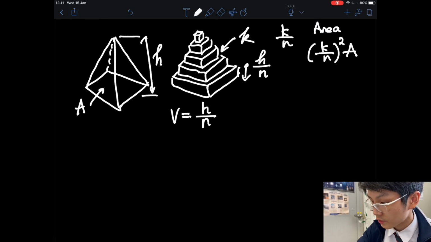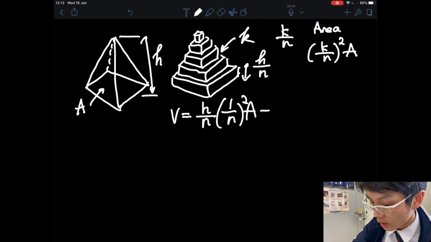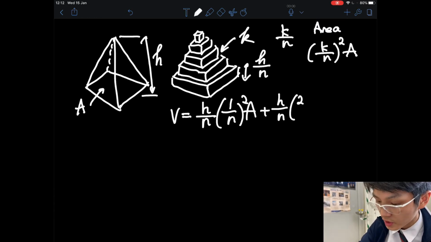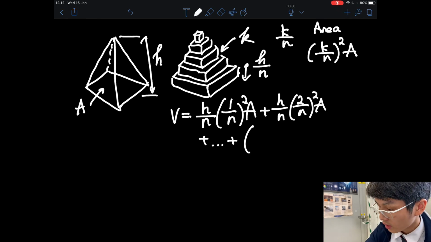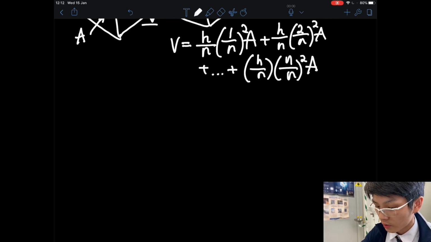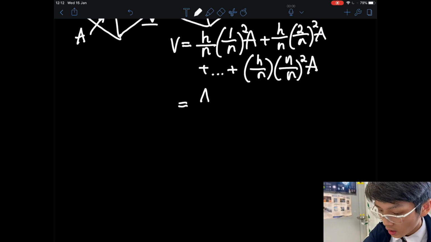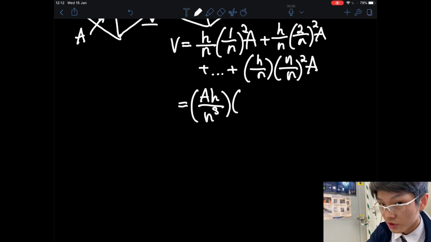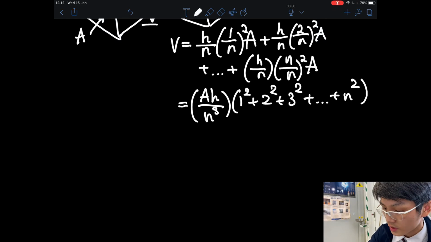The height of the first layer would be h over n, and its base area would be 1 over n squared A. The second layer would also have a height of h over n, but its base area would be 2 over n squared A. We can continue like that until we get to the last layer, which is h over n and n over n squared A. Now we can factorize this by removing all the terms that are the same, so we can take A h over n cubed out of the entire expression, and what's left is the sum of squares: 1 squared plus 2 squared plus 3 squared, all the way till n squared.